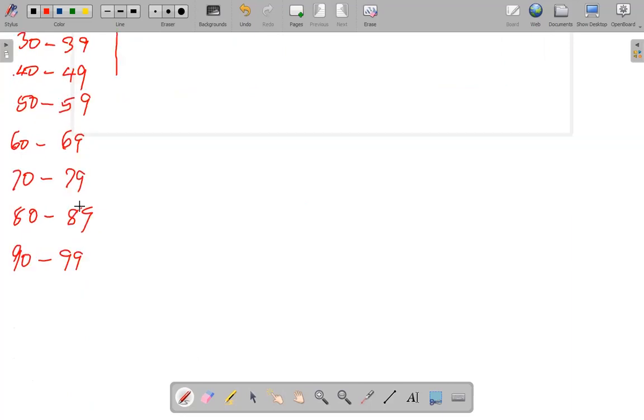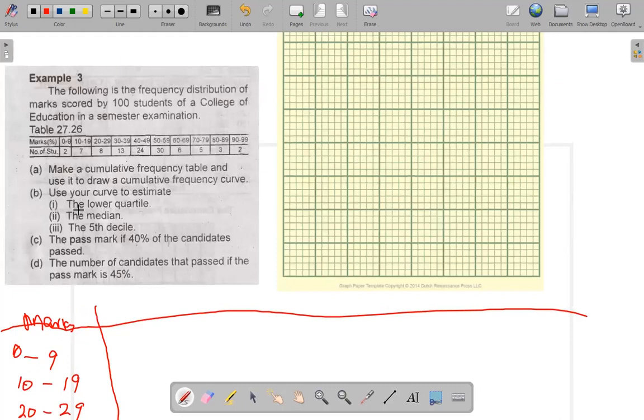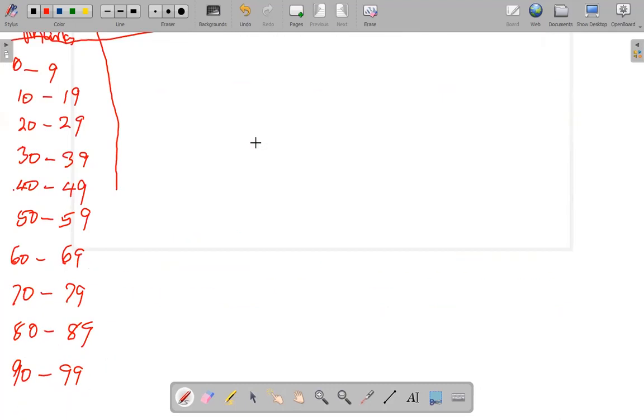That is the highest mark there. Okay, let's stop at 99. That is the table.